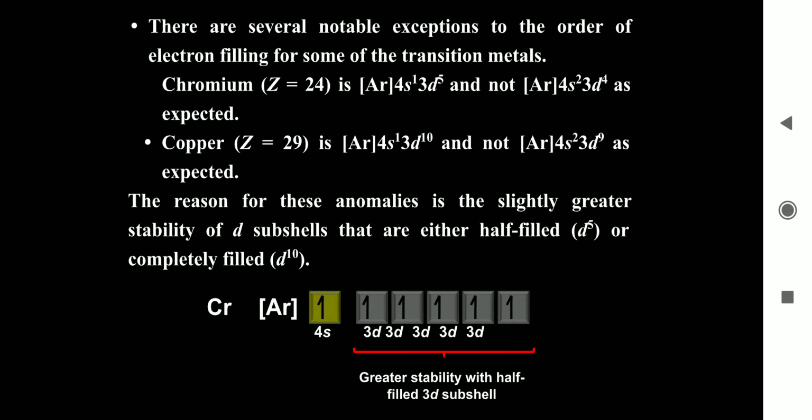The predicted electronic configuration of chromium is 1s2, 2s2, 2p6, 3s2, 3p6, 4s2, 3d4, since its atomic number is 24. But its original electronic configuration is 1s2, 2s2, 2p6, 3s2, 3p6, 4s1, 3d5.